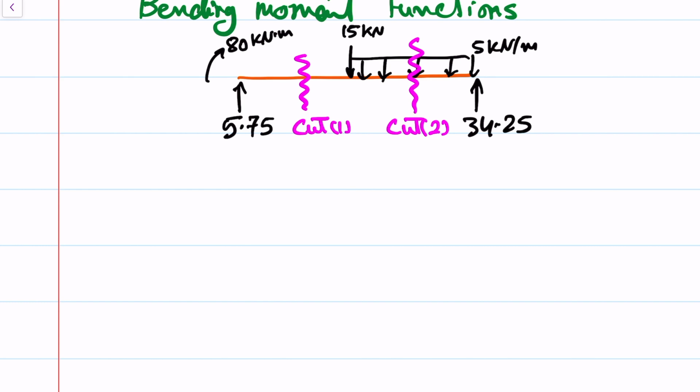As usual, we are measuring X from this side, so let's do cut 1 for X between 0 and 5.